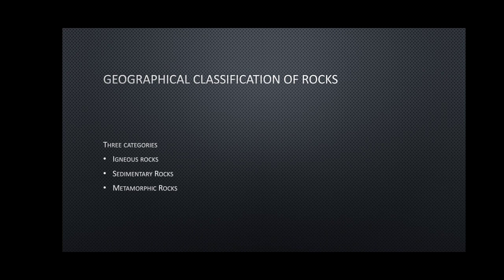These three types of rocks are actually the geographical rocks, which means that these are the rocks which were formed originally somewhere, somewhere geographically. First we'll discuss the first category of the geographical classification, that's the igneous rocks.